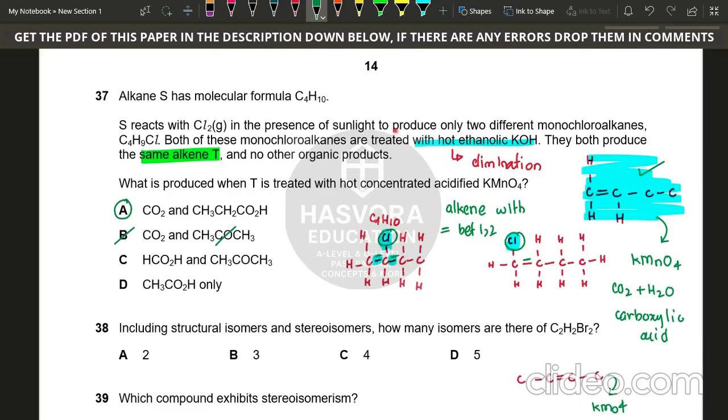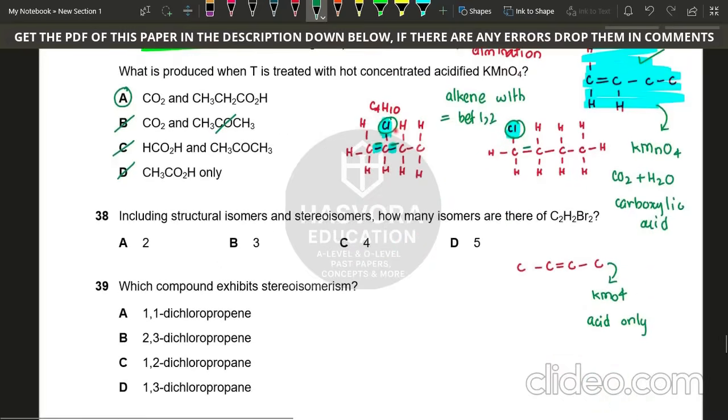So B will not be correct. For C we only have the acids. Okay, it is not possible. And D is the only possibility if we have the carbon double bond between the second and the third one.